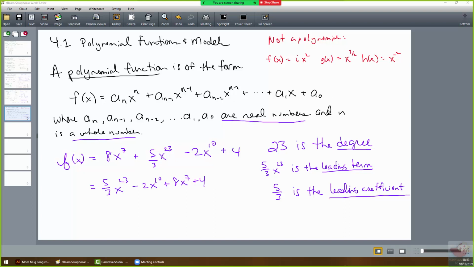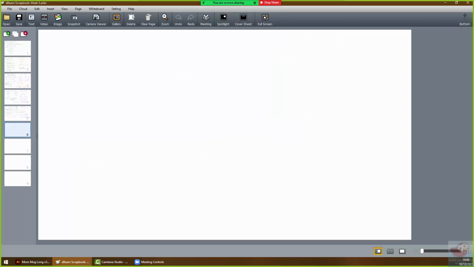If you remember, we called them relative maxes and relative mins in the previous chapter. So we're going to find other things, and there's bits of information from the polynomial function that tells us what the graph looks like. Mainly, the leading term tells us a lot. Before we get to that, let's talk about the graphs of polynomial functions.